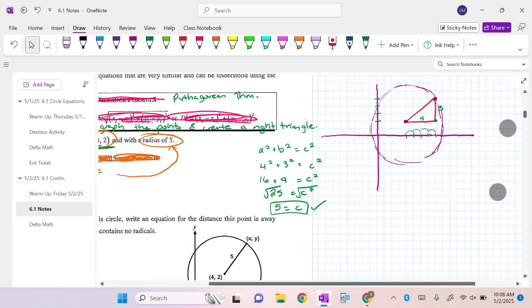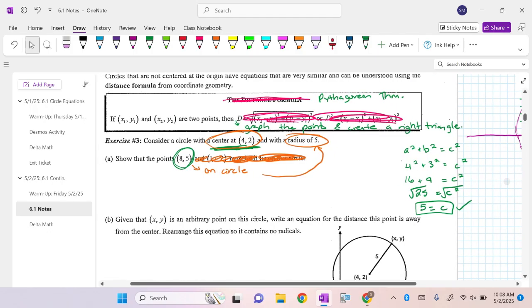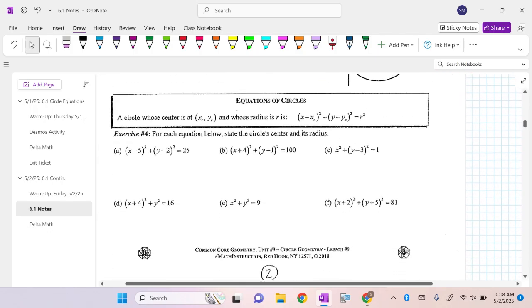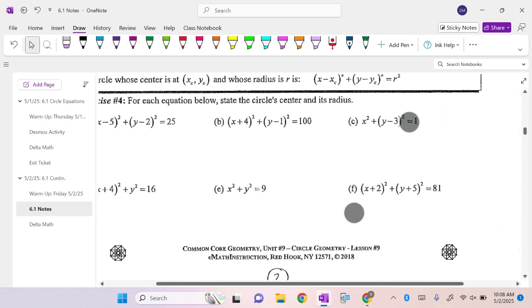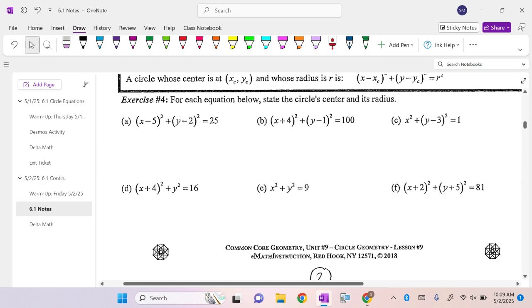All right. Okay. Last thing. Just some review from yesterday. For a couple of these questions, we're going to figure out what the center point is and what the radius is. So recap. Remember, this is the formula.